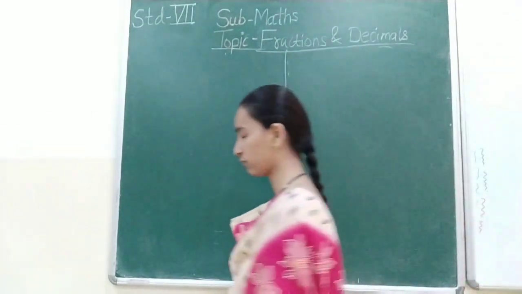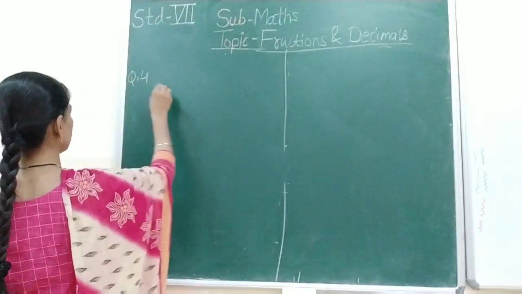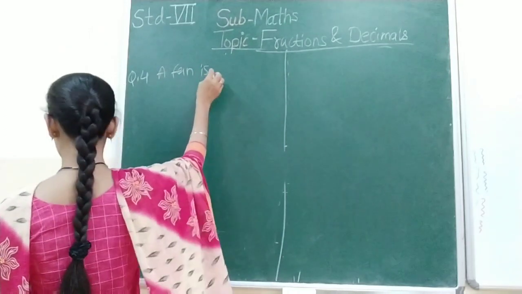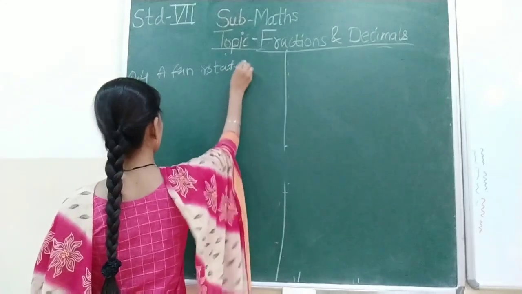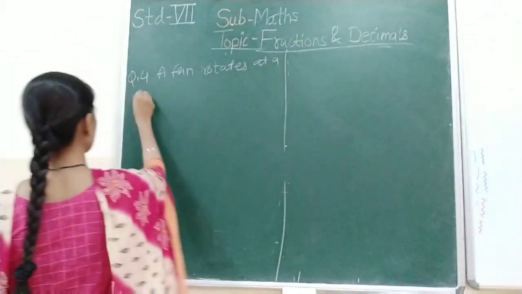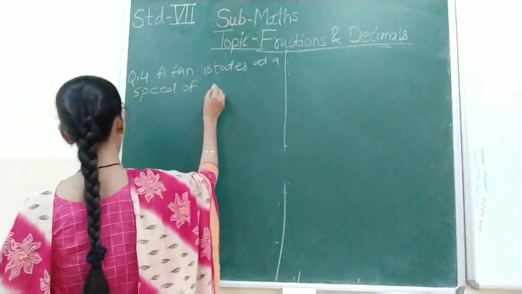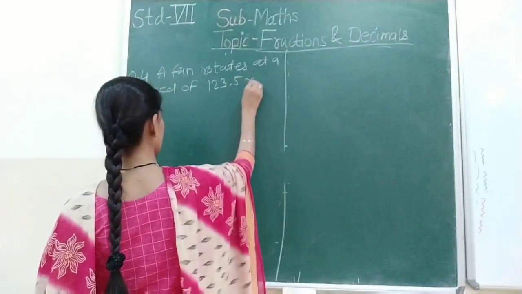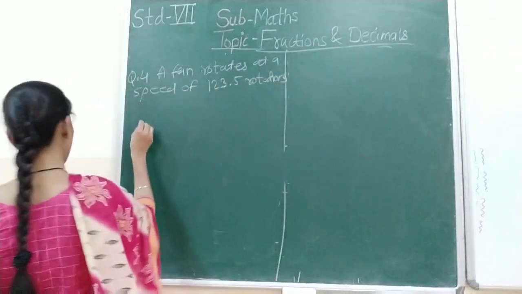This is the question number 4 from your exercise. A fan rotates at a speed of 123.5 rotations per minute.